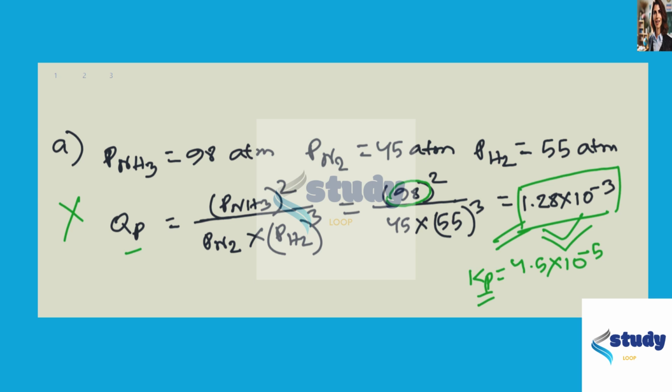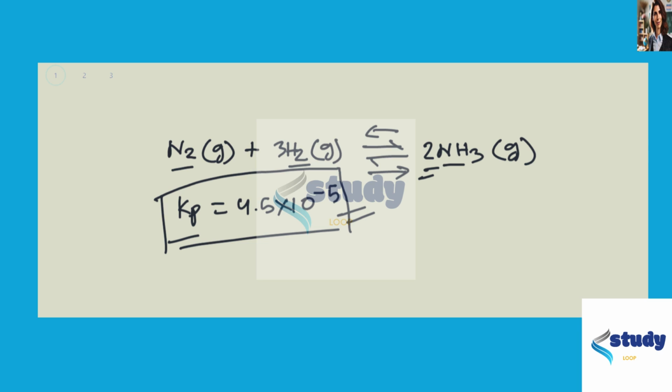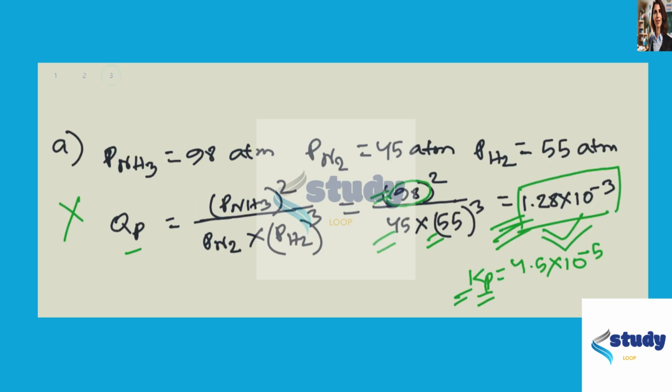To reach equilibrium, we need to reduce the value of Qp down to the value of Kp, so we need to decrease the amount of the product and increase the partial pressure of the reactants. The summary is that for this mixture we need to favor the reverse reaction, so some of the ammonia needs to decompose to produce nitrogen and hydrogen to reach equilibrium.